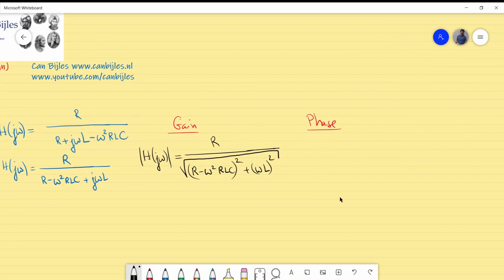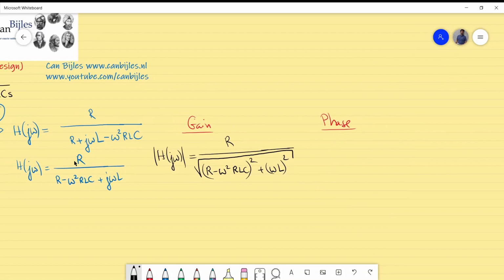For the phase, I will take the phase contribution of this part minus the phase contribution of this part. This is just using arctangent again, so the imaginary part divided by the real part. For this one, I have a phase contribution of 0 because it's just a pure real element.